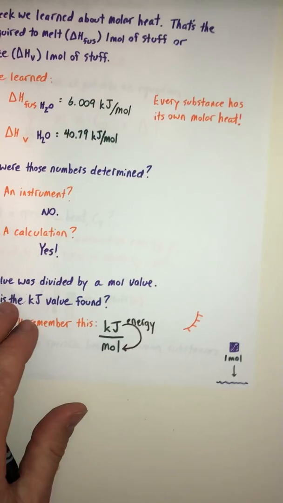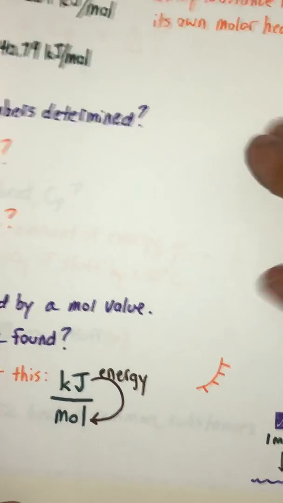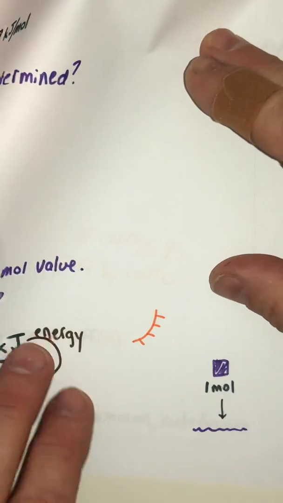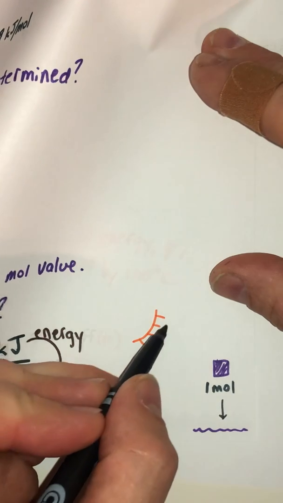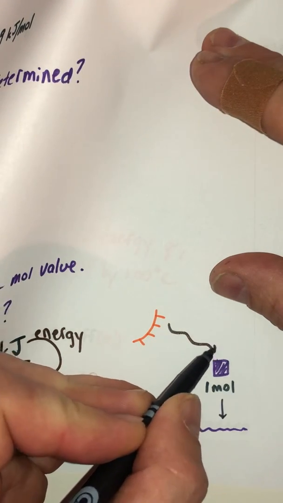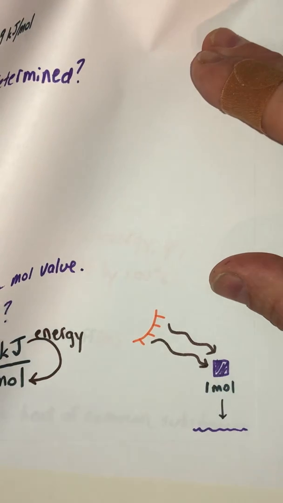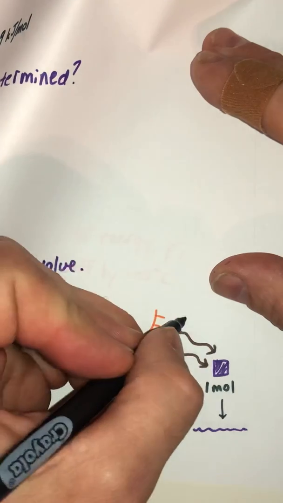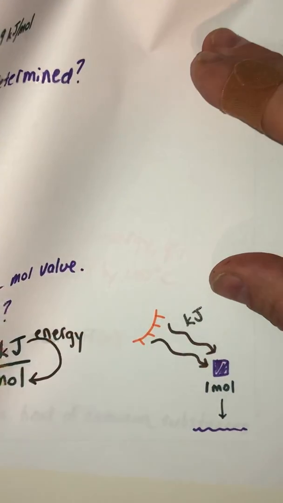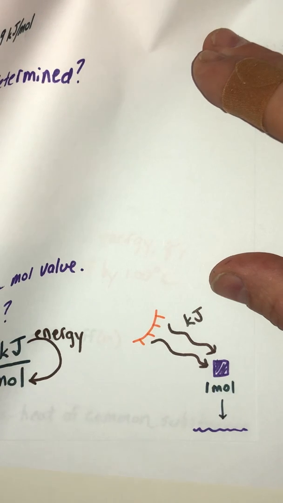So, for example, let's say we have a mole of substance here. Energy is flowing out of the sun, in this example, into 1 mole of solid substance, and that is now melted. So this was kilojoules of energy, but how much is that, and how did we determine that, since there is no instrument that measures kilojoules directly?